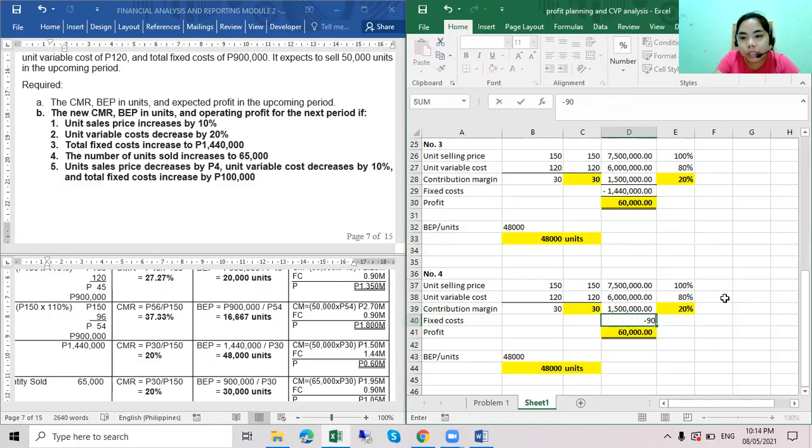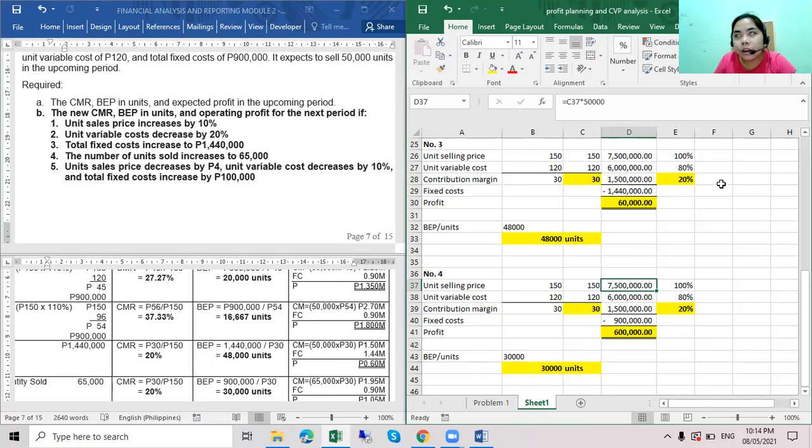So balik ta sa original nga fixed cost. Ang ma-change lang di class is ang units. Ang unit selling price ta same lang, variable cost ta same lang, CMR ta same man gihapon, aton break-even in units balik ta sa 900,000. So same man gihapon.